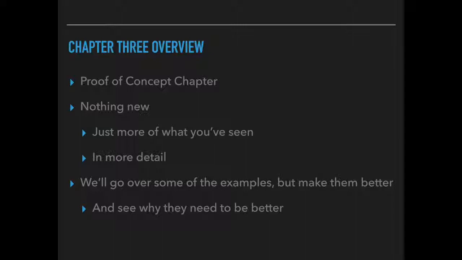We are also going to go over a couple of the examples from the chapter, but we are going to make them better. In the way that you saw the very, very basic pseudocode in Chapters 1 and 2, and the pseudocode in the pseudocode type and pseudocode style documents and videos, we can really do better.